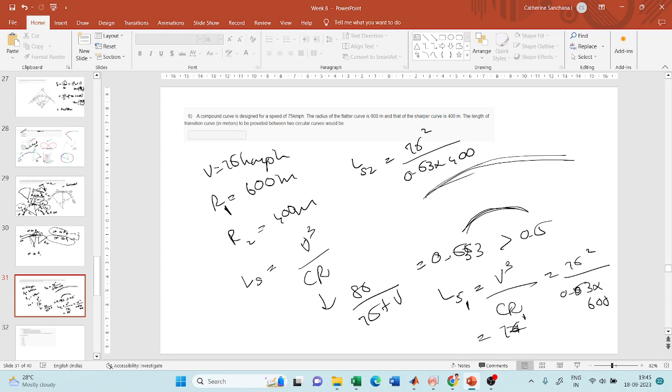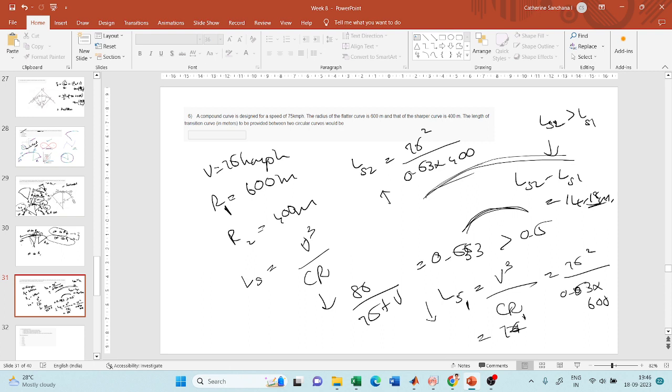Which one will be greater of the two? The denominator is more for LS1, so LS1 will be lesser and LS2 will be more comparatively. So LS2 will be greater than LS1. So you have to find the difference between the two, LS2 minus LS1. So this will be 14.18 meters.